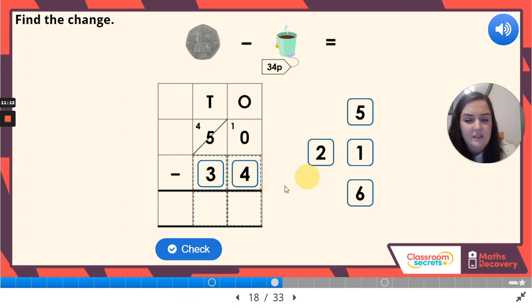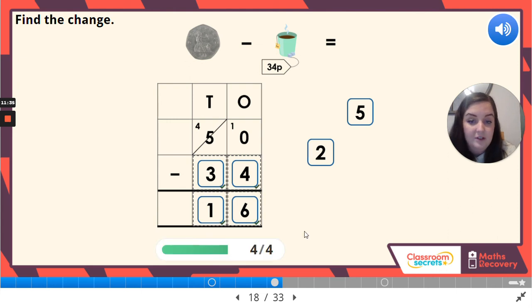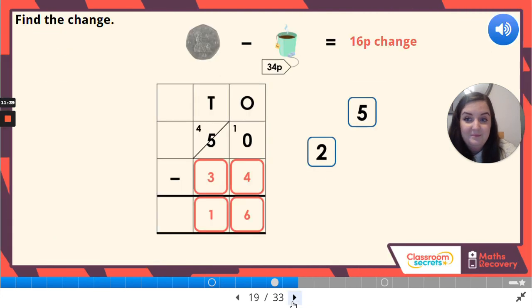Now, it's already done the borrowing for us, so we need to do 10 take away 4, and I know 10 take away 4 is 6, and then 4 10s take away 3 10s equals 1. So 1 10 and a 6 makes 16. Let's check. Yeah, well done. She is going to give us 16p change. There we go, just like we did.